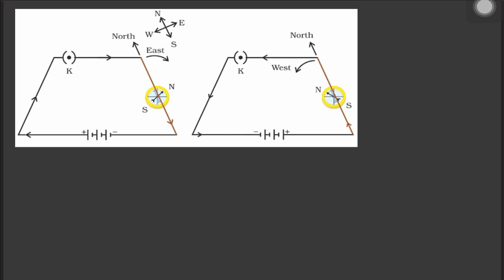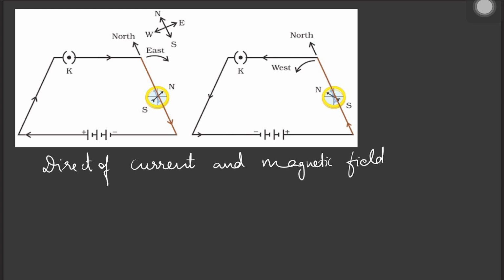Describe an experiment to show that direction of current and magnetic field are dependent.